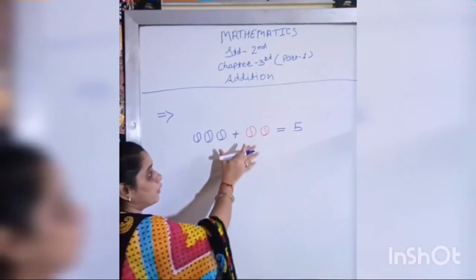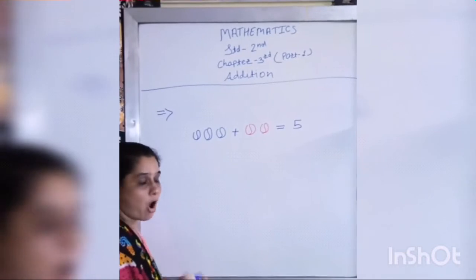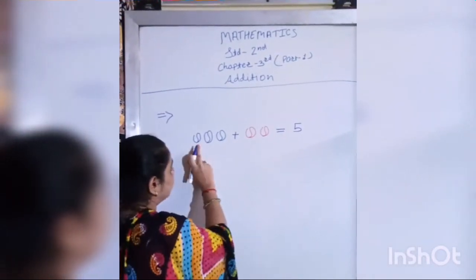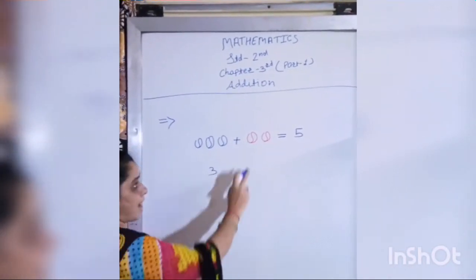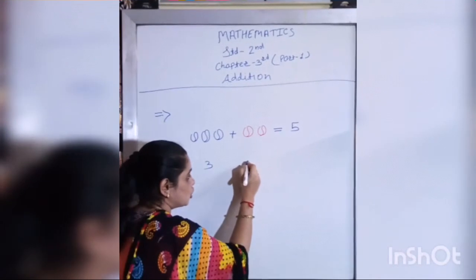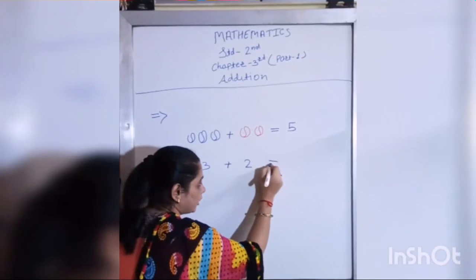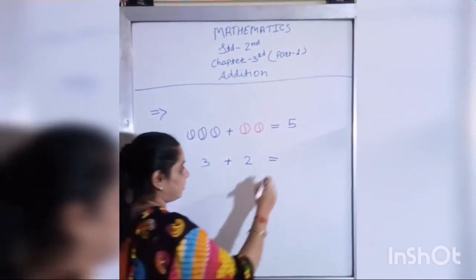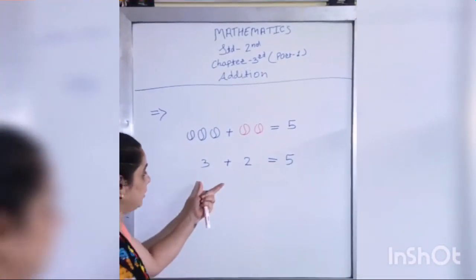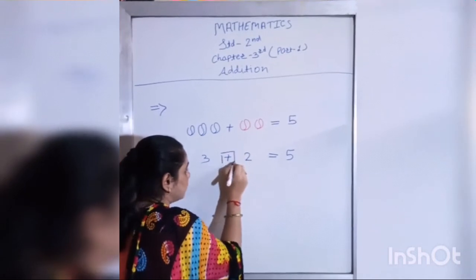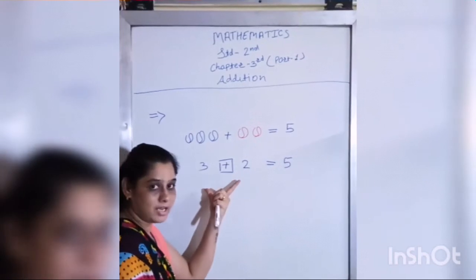Addition means putting things together. Find the things all. See, the number of blue balls is 3 and the number of red balls is 2. How many total balls I have here? 5 balls. Here, this plus symbol tells us we have to add the numbers.